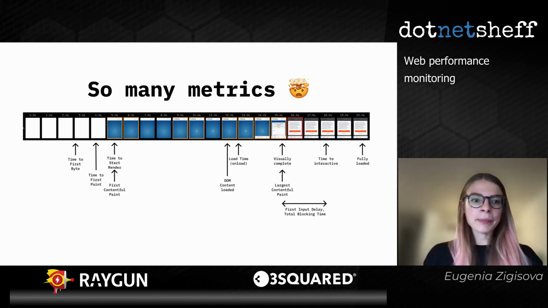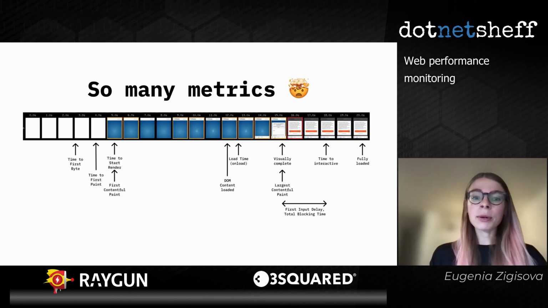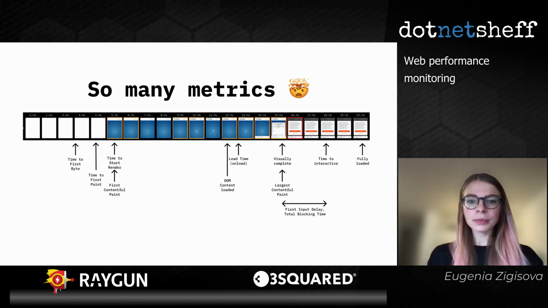There are different timing events that are triggered during the loading, and some are purely technical, like time to start rendering or time to download. But some of them are more oriented to real user experience, like First Contentful Paint or time to interactive.